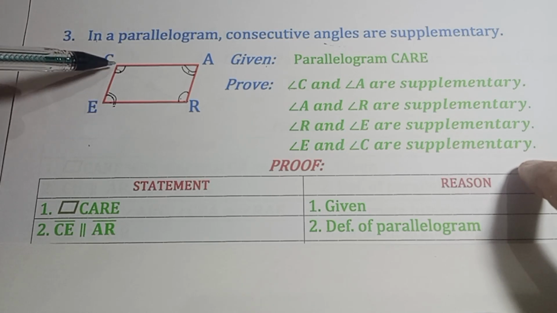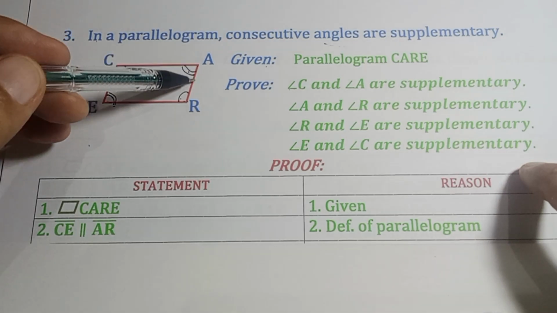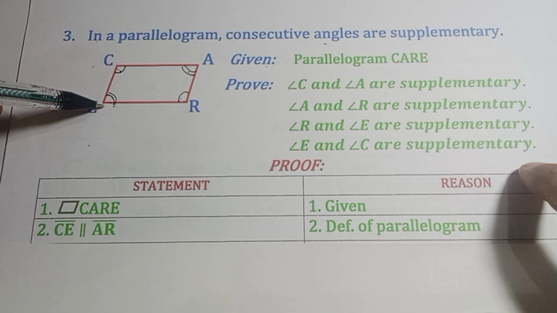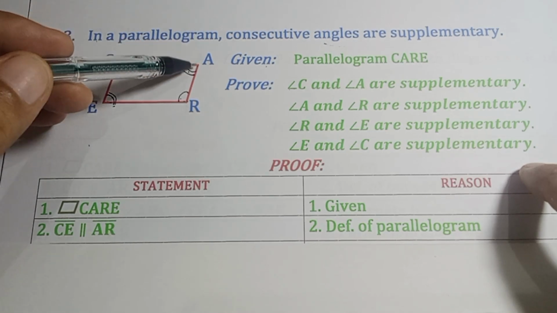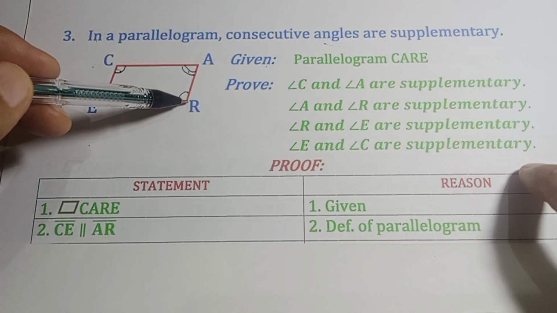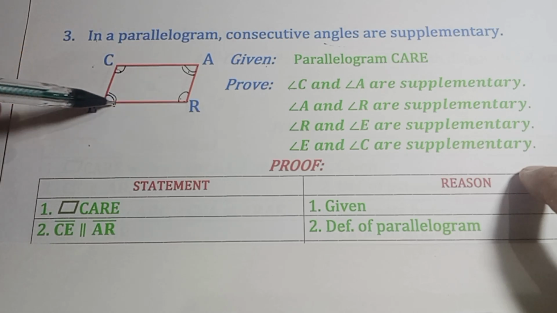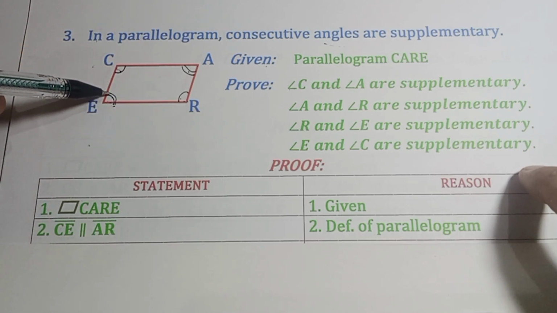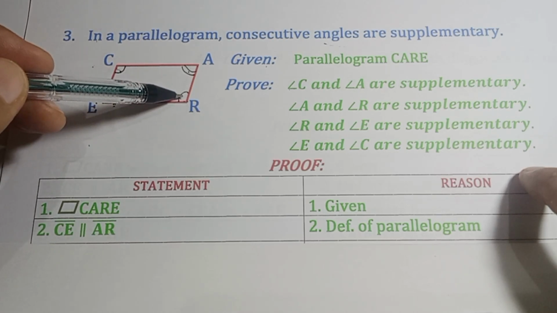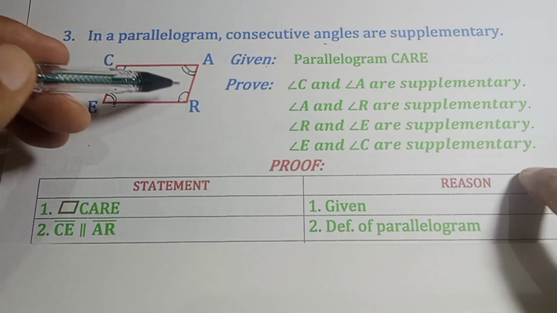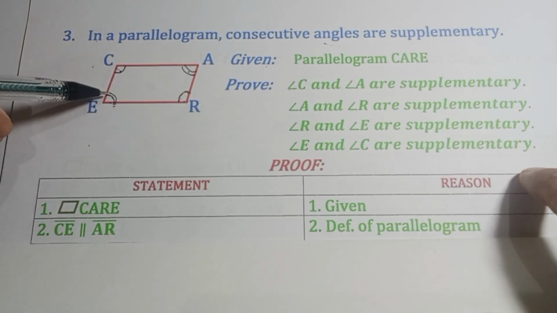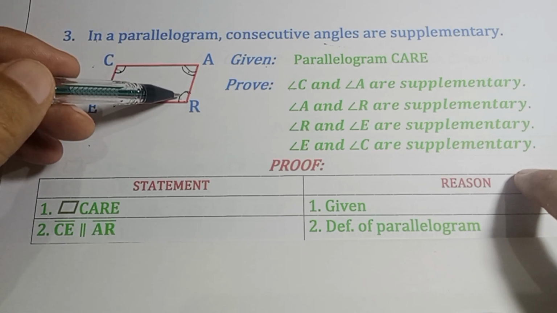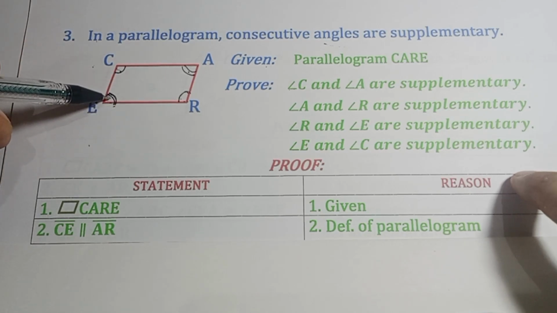It says that if two parallel lines are cut by a transversal, interior angles of the same side are supplementary. These are supplementary angles. These are interior angles of the same side.